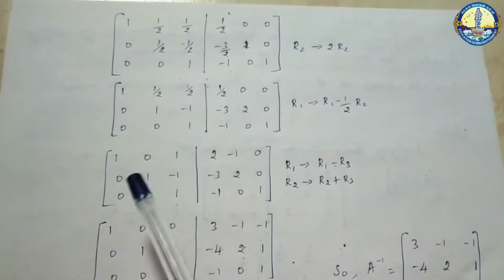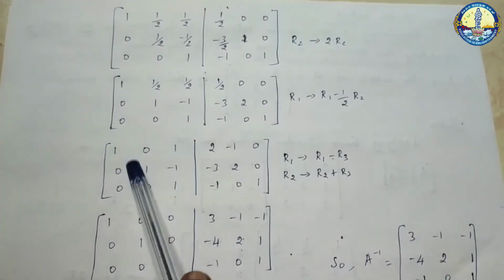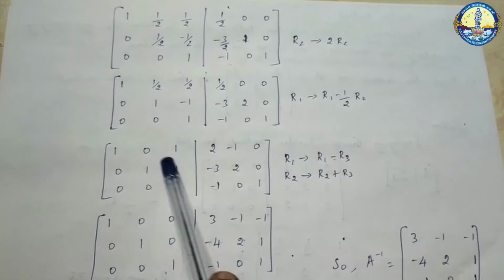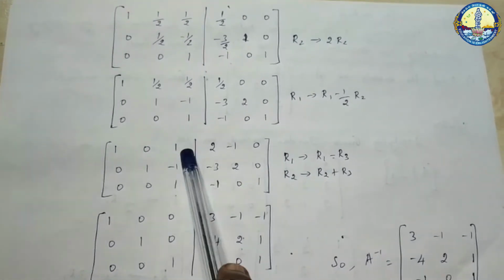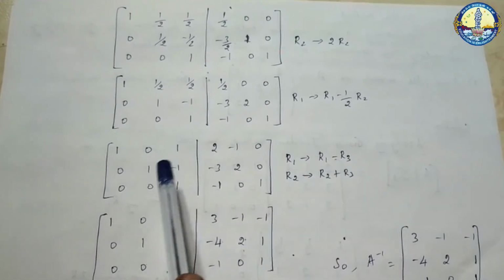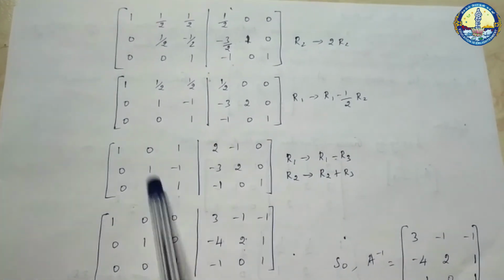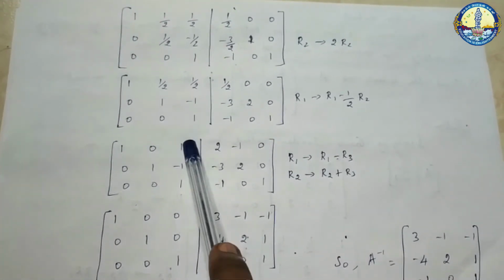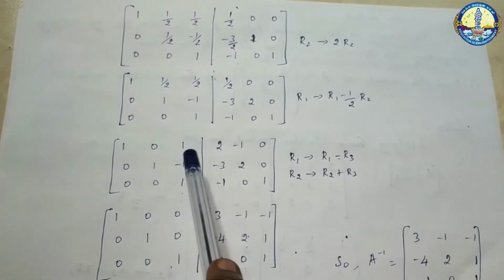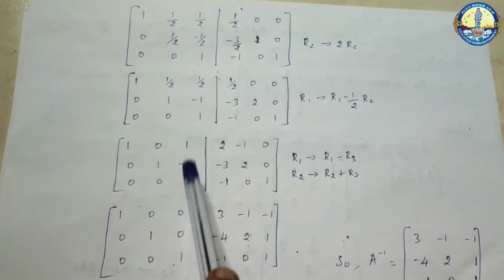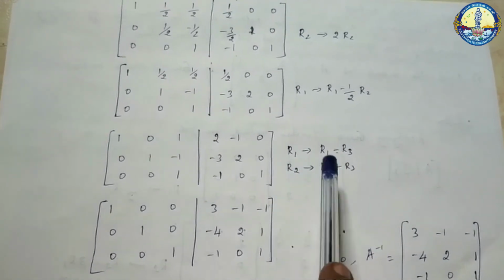Okay, now for the identity, 0 has to come here and 0 has to come here. So we have to make these two elements 0 using these operations. Using R3 we make this 0: 1 minus 1 is 0, and using R3 this is 0, so minus 1 plus 1 means 0. So the operations are R1 equals R1 minus R3, and R2 equals R2 plus R3.